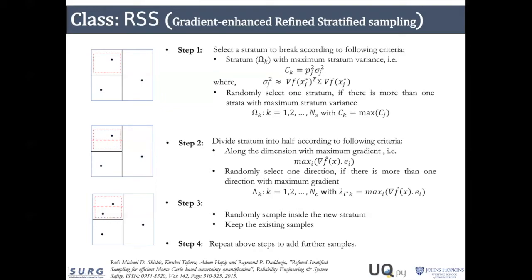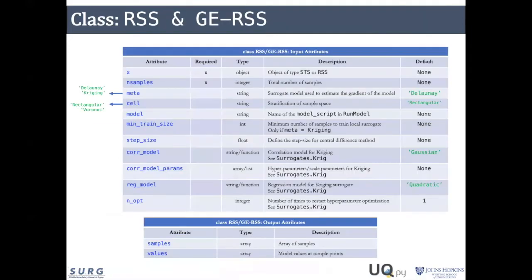In the second step, we look for the dimension which has the maximum gradient associated with it, and divide that strata along that direction. And once we have the new strata, we just randomly generate a new sample inside it, and keep on repeating until we have the desired number of samples.